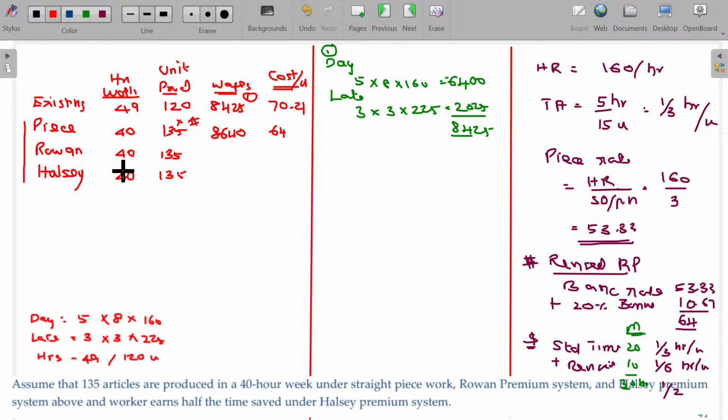Under Rowan system, second working note: time taken into hourly rate plus time taken by time allowed into time saved into hourly rate.